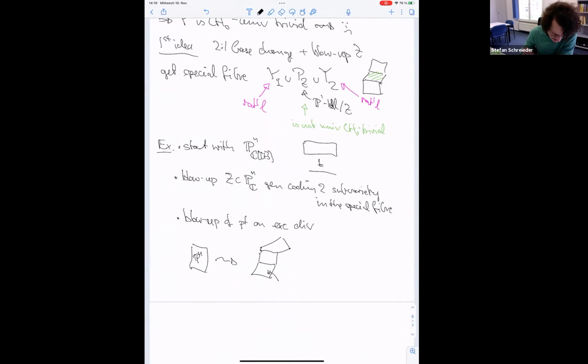Let's see what the components are. So one component is the blow up of Pn in Z. The other is a P, okay, I took codimension 2, so it's a P2 bundle over Z. And in fact, the blow up of this thing, because in the last step, I blew up a point on this P2 bundle.